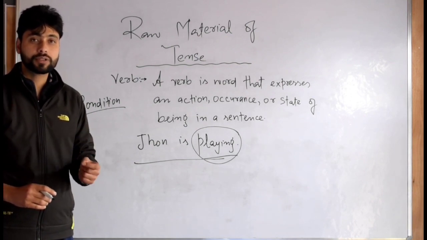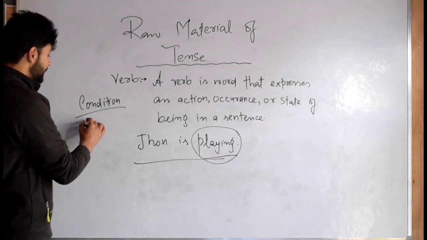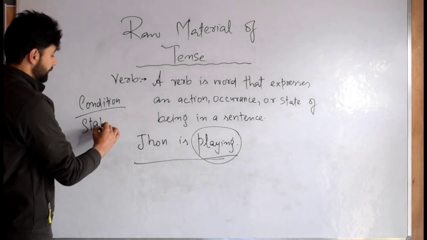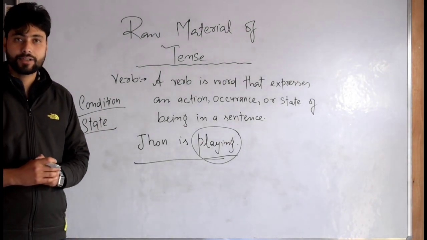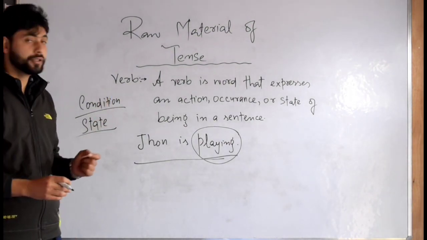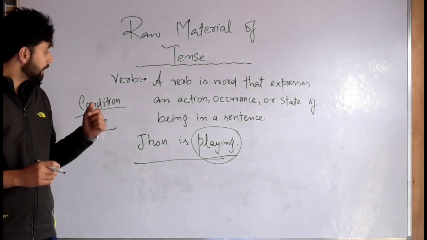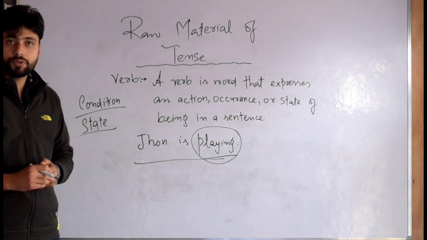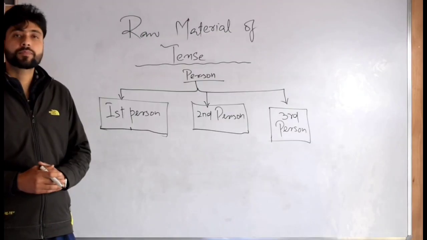It actually shows us the condition of an action. It actually shows us the state of being in a sentence. So it's very crucial to keep in mind while studying tenses. This was something about verb. I hope you understood it. Now we will move on to the third one.